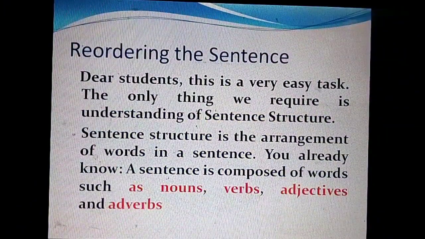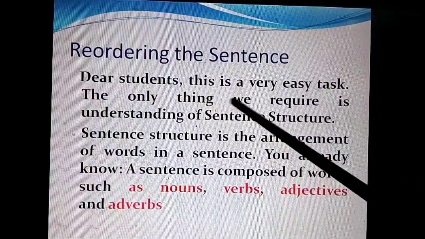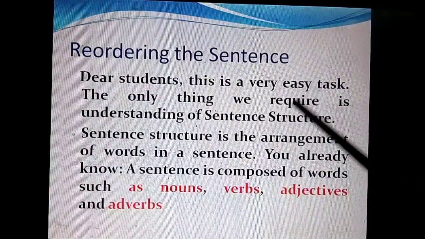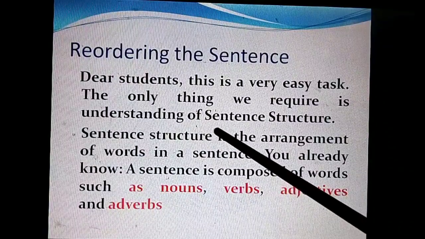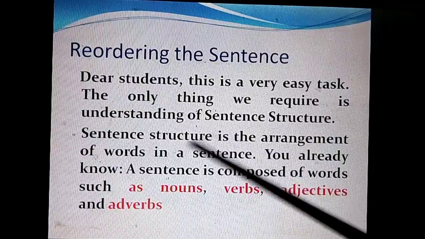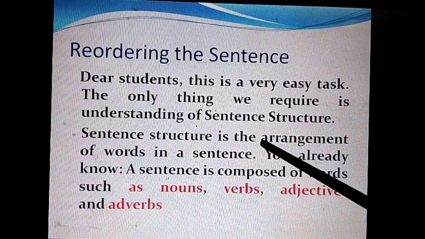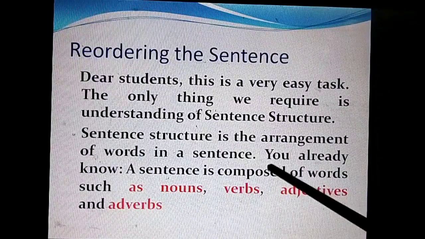So reordering the sentence. Dear students, this is a very easy task. The only thing we require is understanding of sentence structure. Sentence structure is the arrangement of words in a sentence.